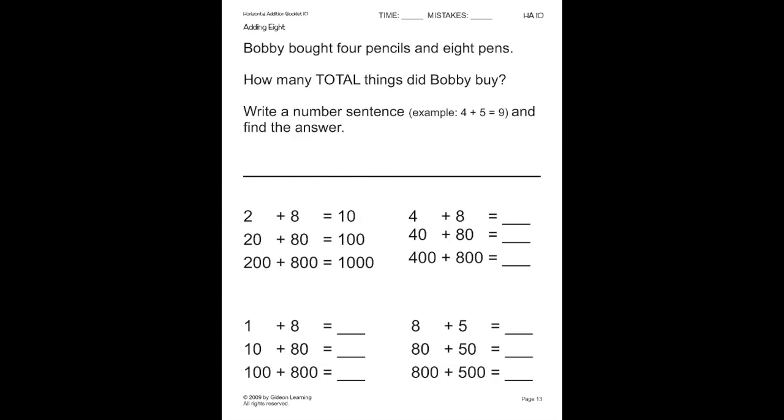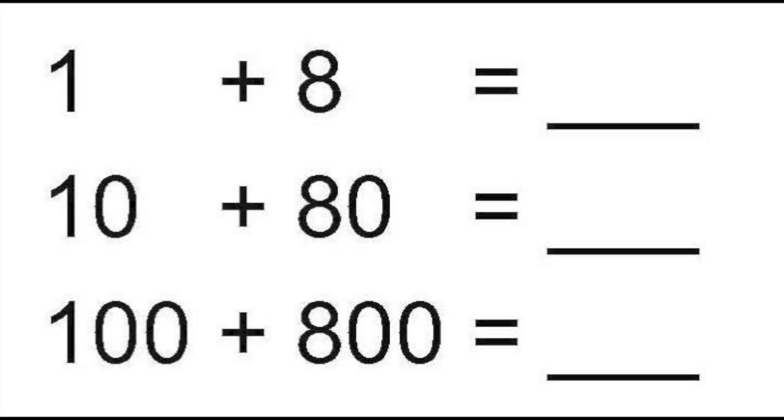We're going to focus on the bottom of the page to look at the addition patterns. When solving addition patterns, we have 2 ways of looking at it. First, we will solve with place value. So here we have 1 plus 8, or 1 one plus 8 ones, which equals 9 ones. So 1 plus 8 equals 9.